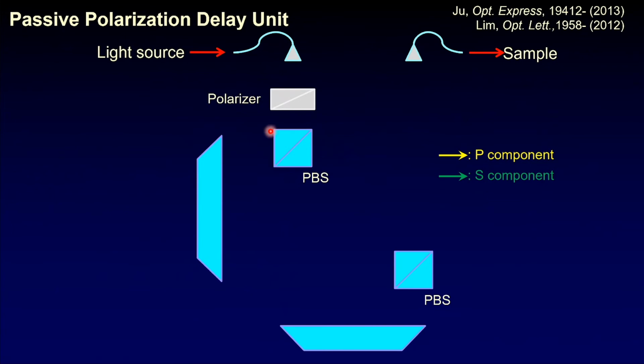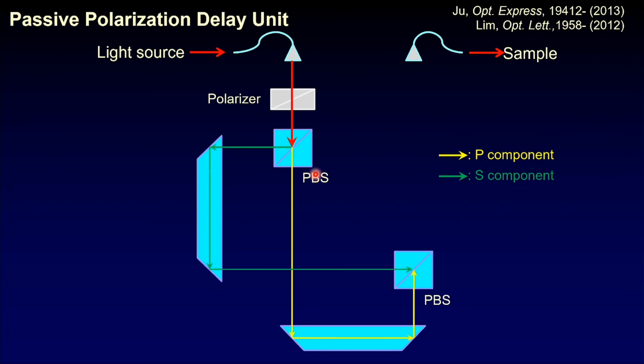Then the polarization beam splitter, PBS, splits the beam into P and S components. For some reasons, here I use P and S, but you can also take it as H and V, horizontal and vertical. Okay, and then the light is split into P and S components and reflected by these two prisms, and then combined again by this PBS, and then introduced into the sample. So this passive polarization delay unit actually splits the beam into two and combines it again.